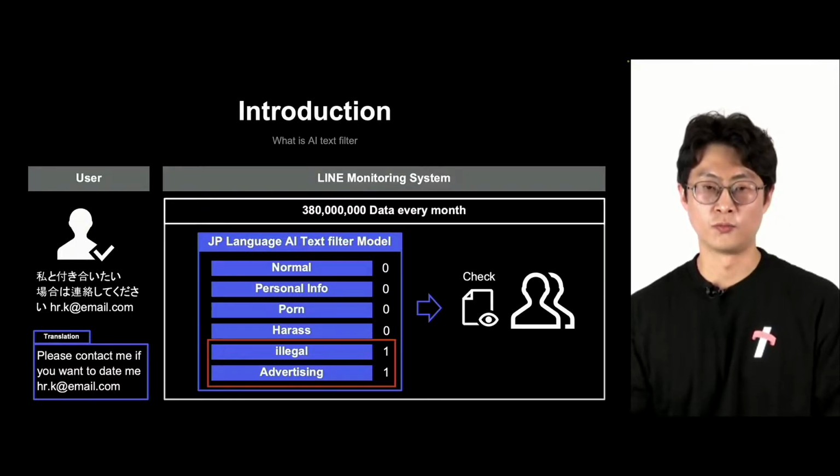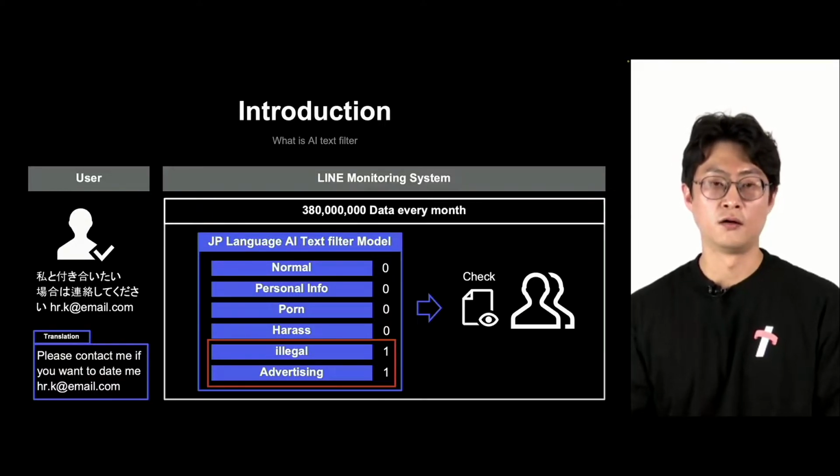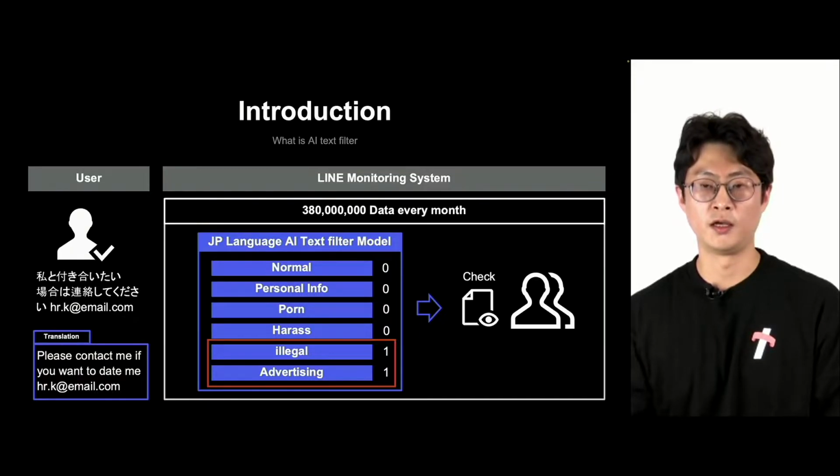Non-general sentences will be categorized into personal information, sexual information, harassment, illegal information, or advertisement. And when we interpret these sentences, the monitors will be checking and dealing with these data.